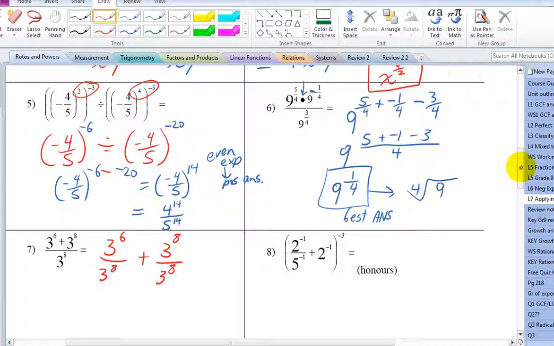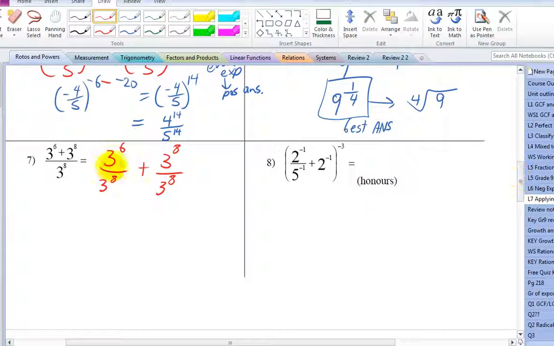Okay. So this is going to break down to what? Any ideas? I mean, 3 to the 8 divided by 3 to the 8, that's a 1. Or if you want, you could say it's 3 exponent 0, which is a 1. What about this one? Any ideas what that would be? Anyone thought this? 1 over 3 squared?